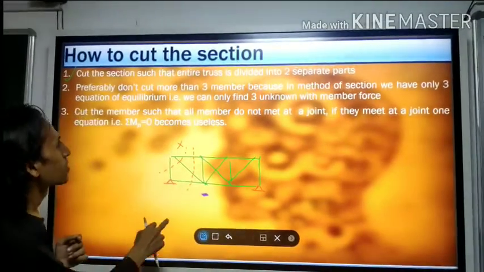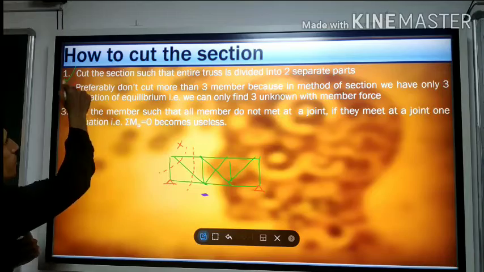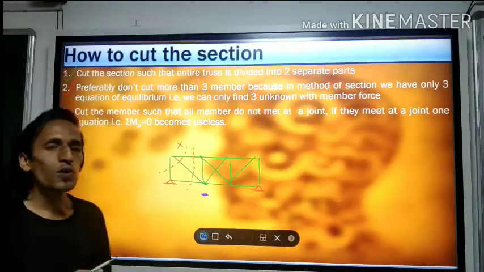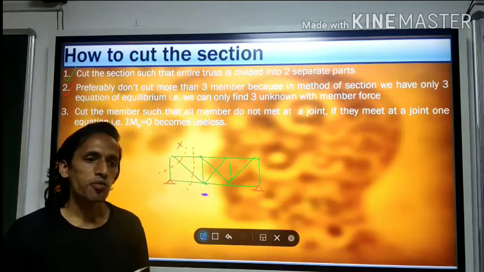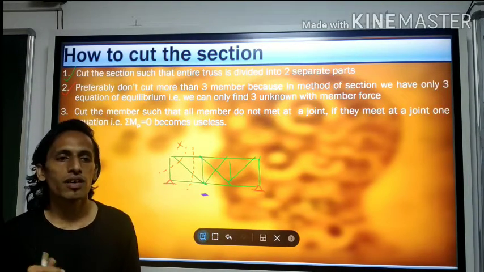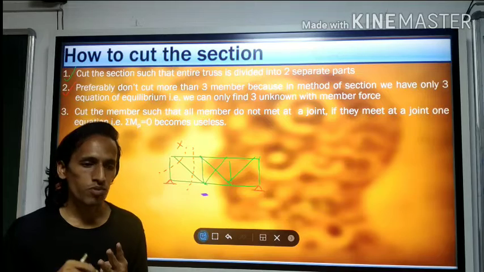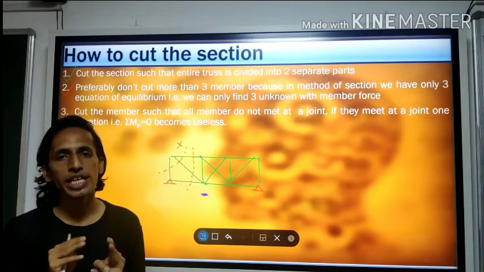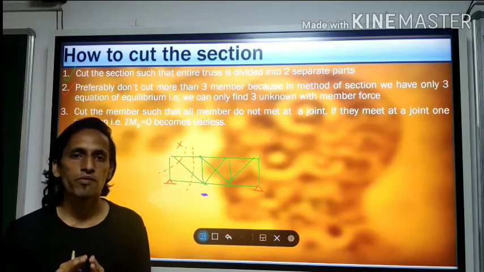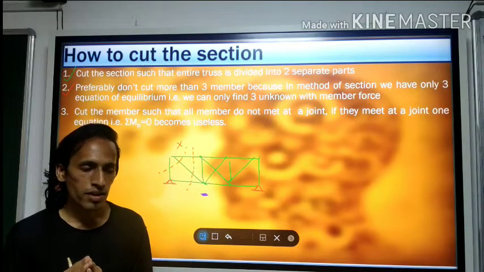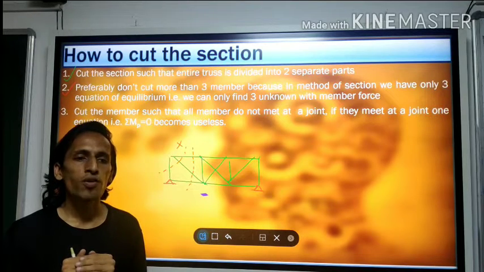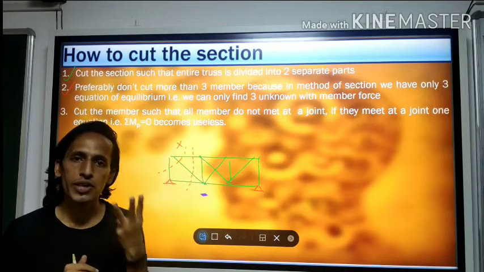So the next point is, preferably don't cut the section which has more than 3 unknowns. Why 3 unknowns? Because you have a maximum of 3 equations of equilibrium for a 2D system. So if you have 3 equations, you can calculate a maximum of 3 unknowns.